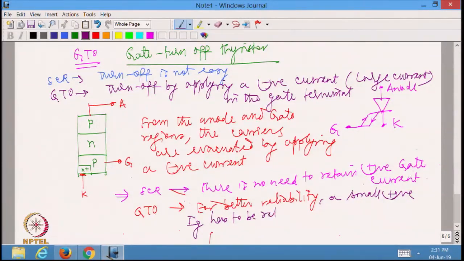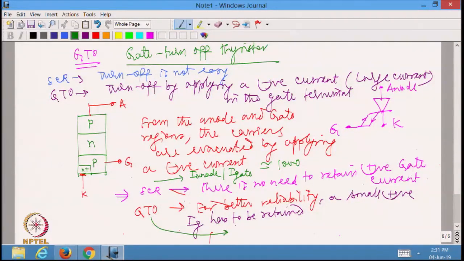This is one problem. One more problem is that in SCRs, if I look at I anode divided by I gate, this is of the order of 1000. The current amplification is really good in the case of SCR.